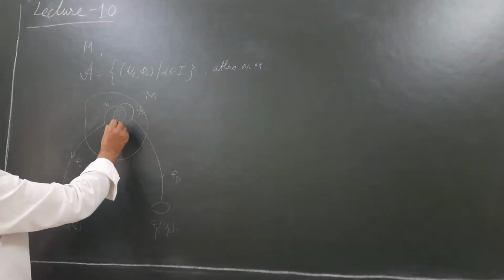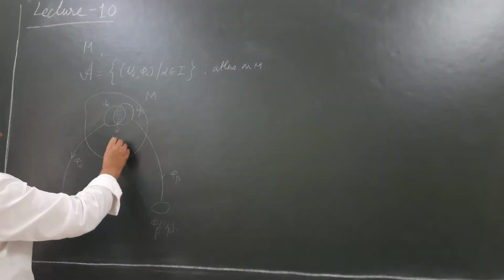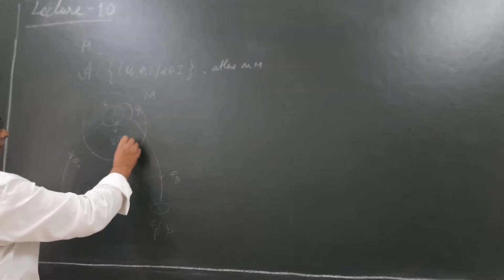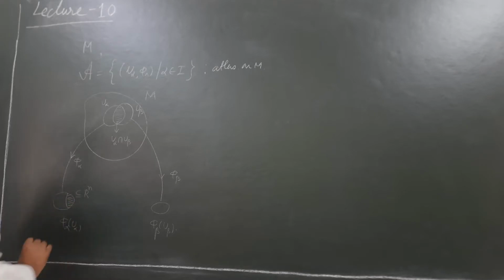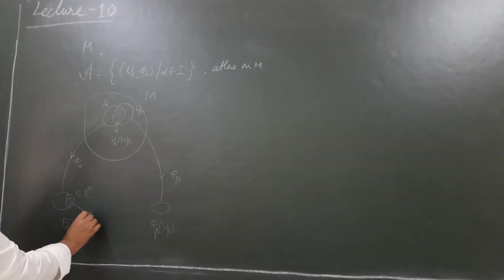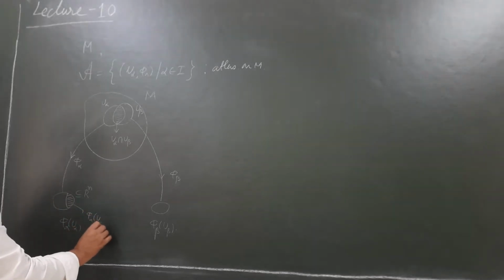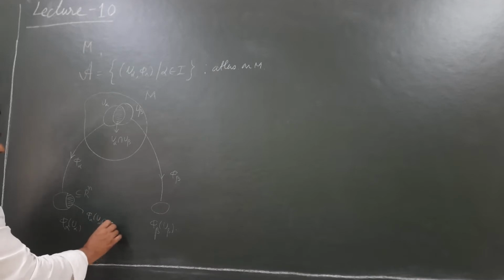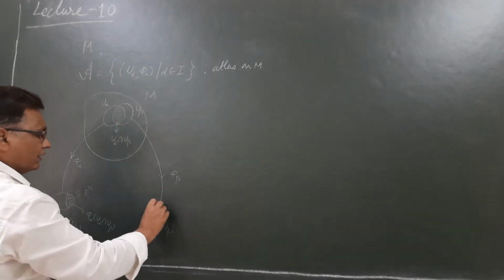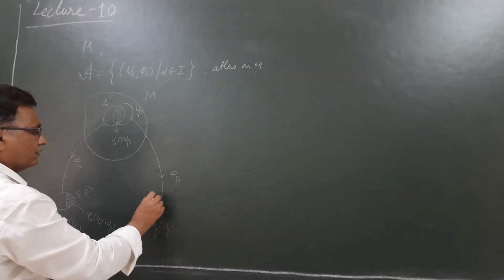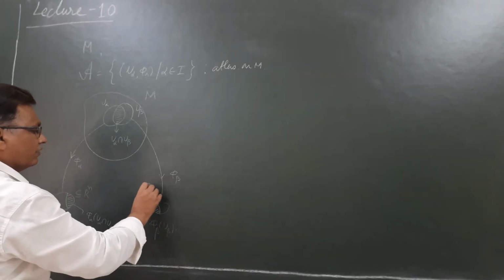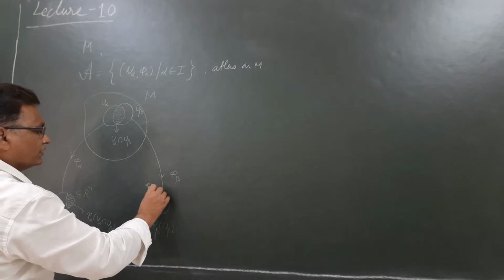The intersection part, U_alpha intersection U_beta, will be mapped to this shaded part, that is phi_alpha(U_alpha intersection U_beta). Similarly, it will be mapped to this shaded part, which is phi_beta(U_alpha intersection U_beta).